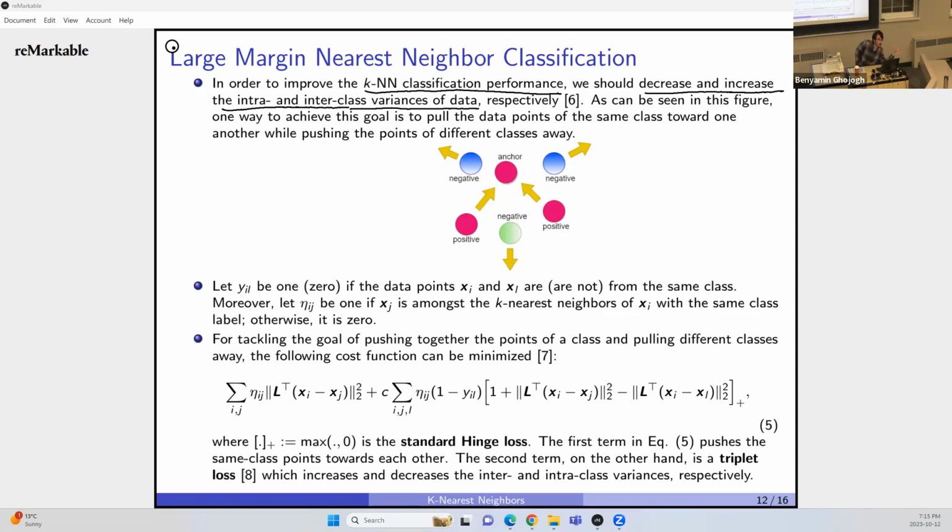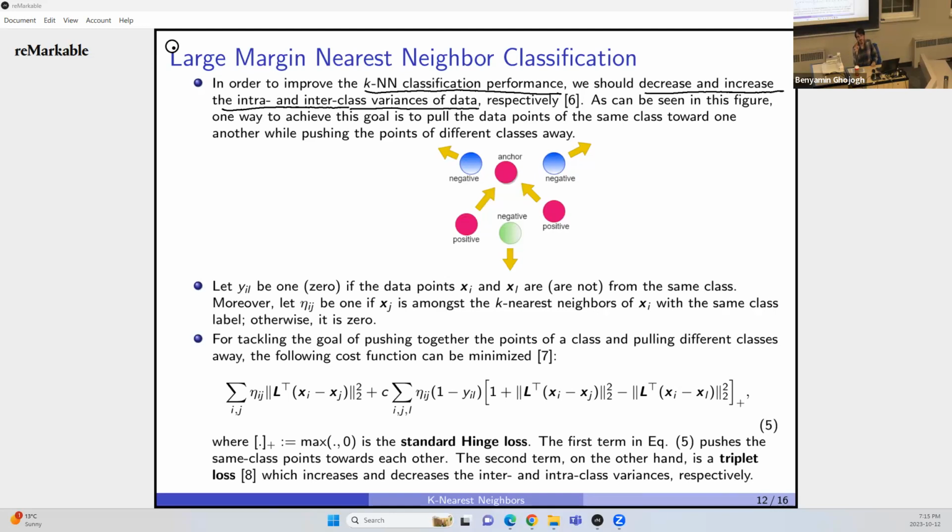In my deep learning course, I will talk about the triplet loss. I think it was proposed by Google. So we have two important loss functions in deep metric learning, not related to this course, but related to the idea that I'm talking about. One of them is contrastive loss. The other one is the triplet loss.